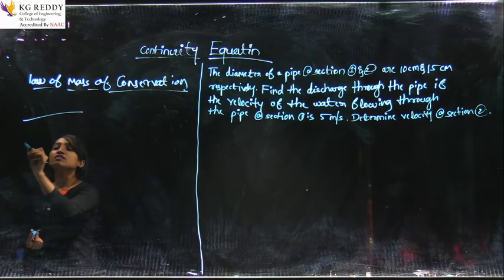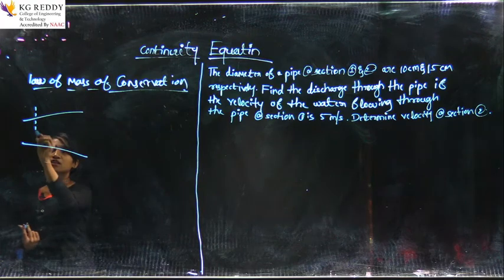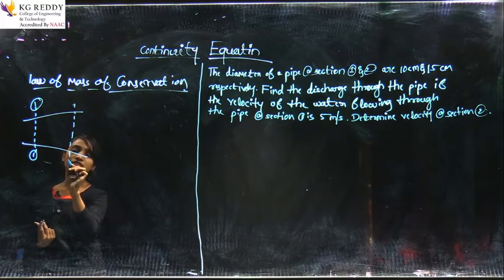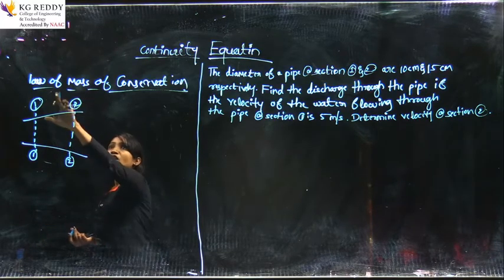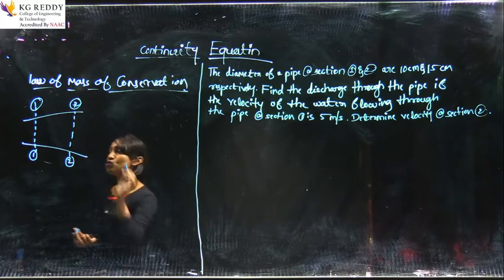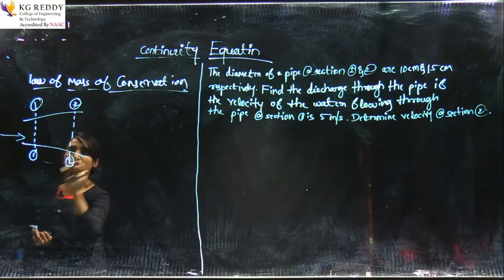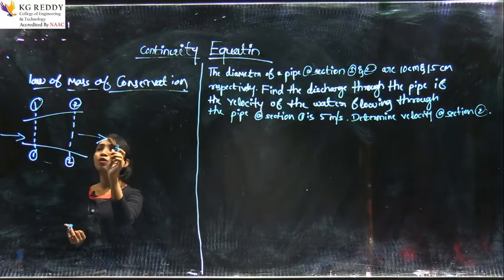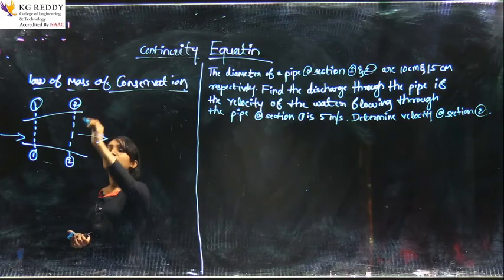This is the pipe. Consider one section, this is section 1, and one more section, this is section 2. Here I will explain the law of conservation of mass. Whatever liquid enters into this pipe section should be equal to the outlet volume of the liquid.